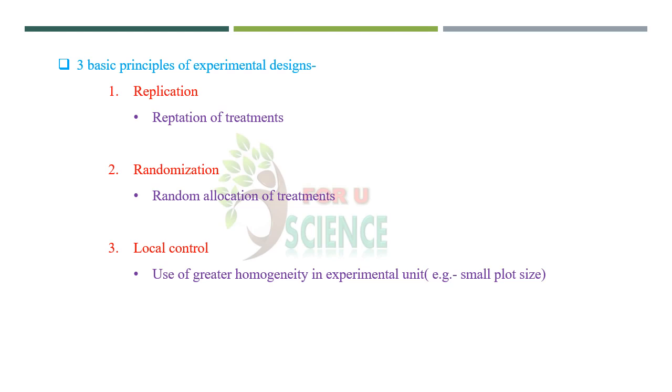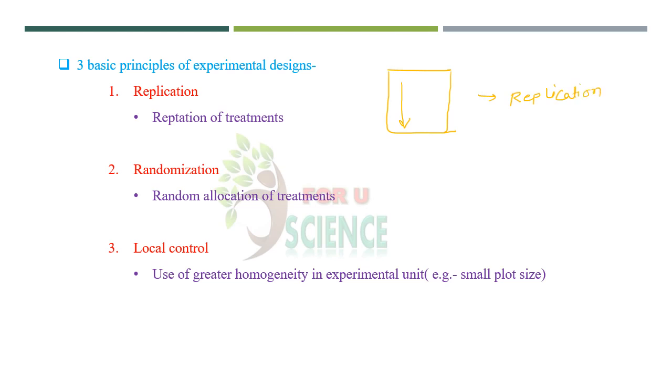Suppose there is a field, and in this field there is a heterogeneity, or you can say a fertility gradient is present. That means fertility is increasing from one end to the other. There is a gradient. We can use replication for reducing the heterogeneity.